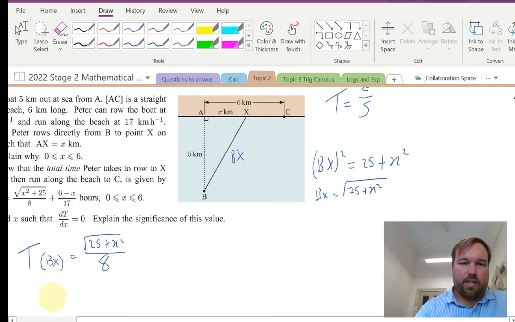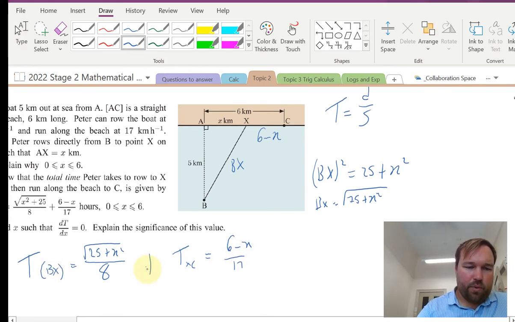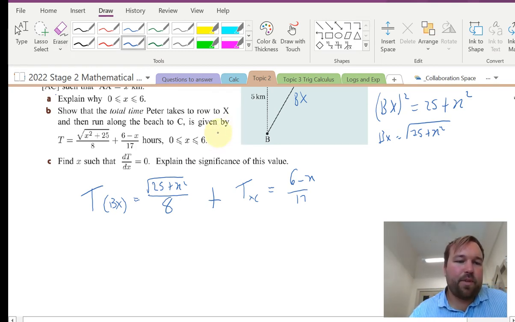Alright, so let's look at this other one. If that is x, this portion here must be 6 take x. That is the distance, divided by his speed, so the time for XC is 6 take x on 17. And the total is adding those two together, which is what is shown there. Pretty nice.